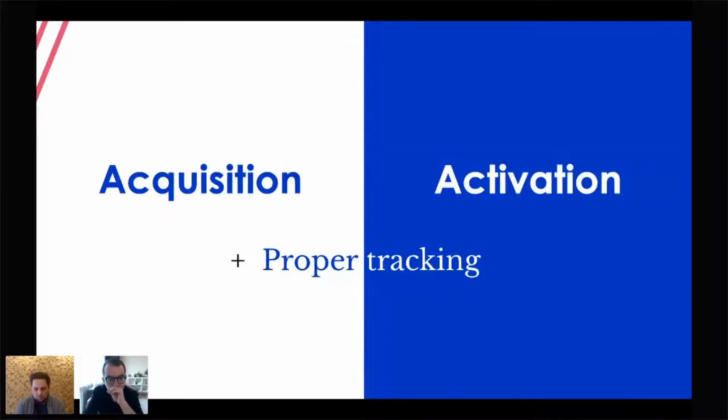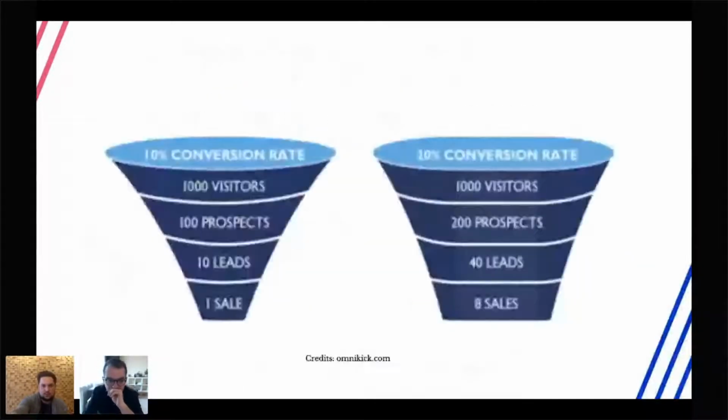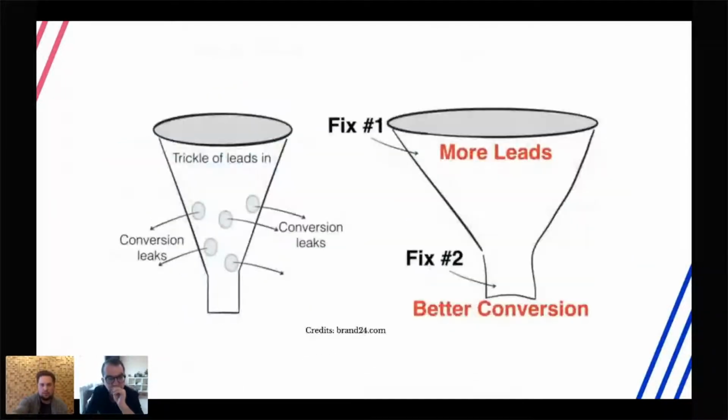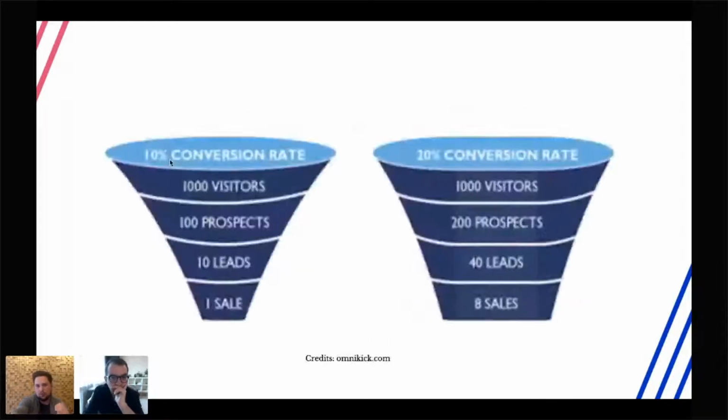So activation and acquisition need to go together, and it cannot go together without proper tracking, because as we can see here, we need to identify specific metrics. We need to identify specific micro and macro moments.